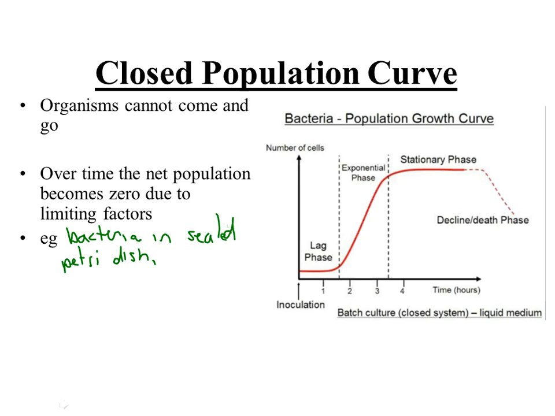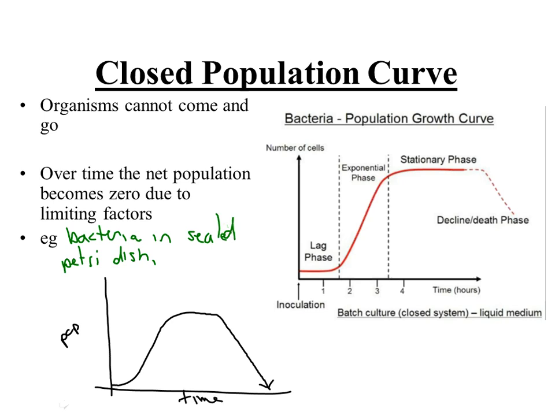I want you to draw, again, we'll put the axes. We're going to put population, and in this one, I really just want you to have the fact that it's going to end up down there like that. Time. Okay? All right?